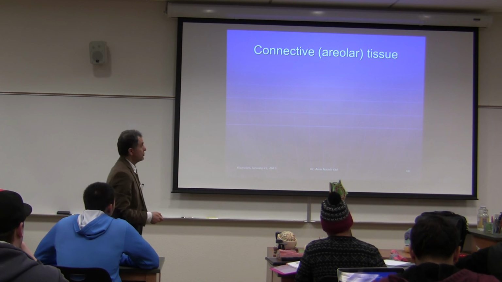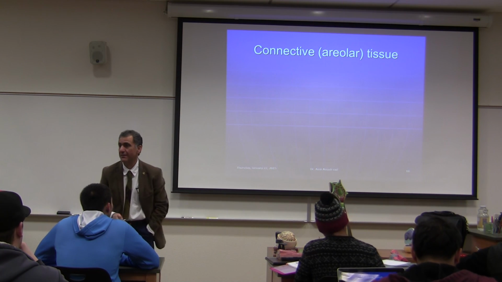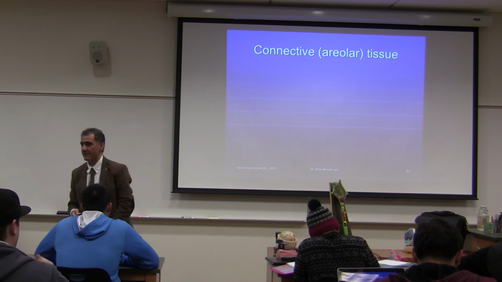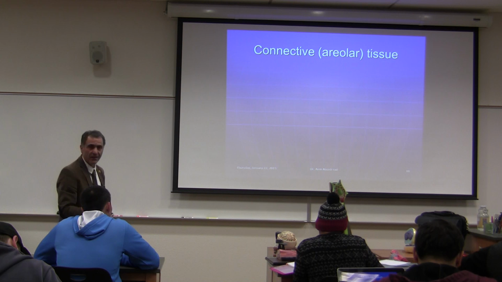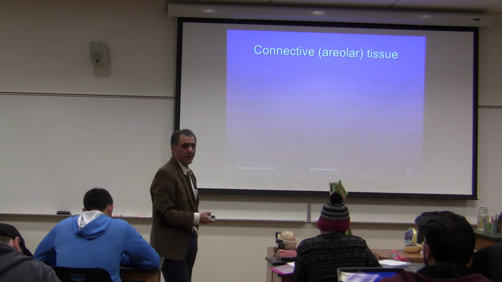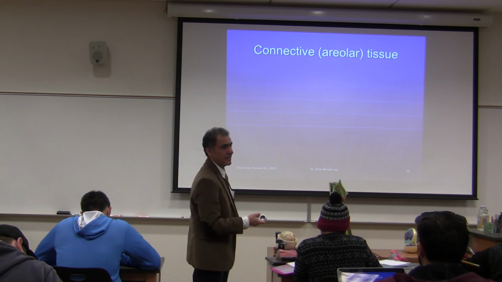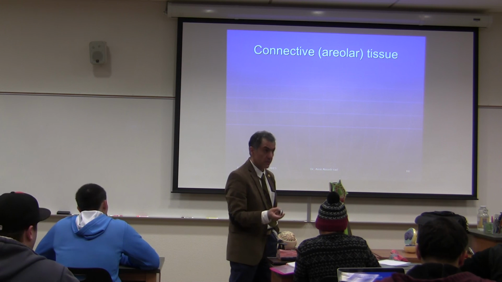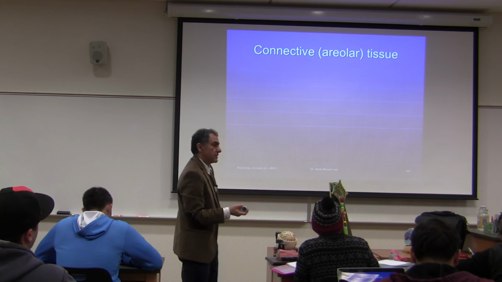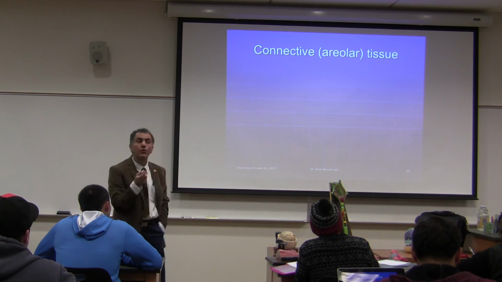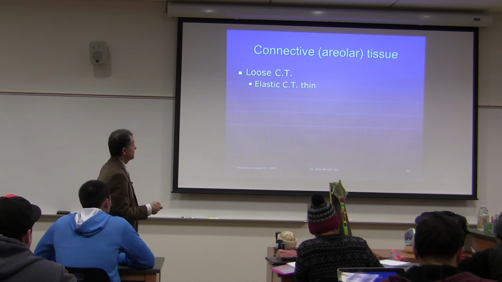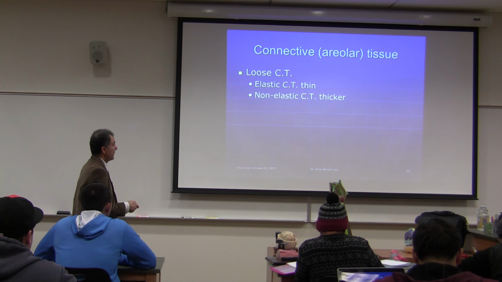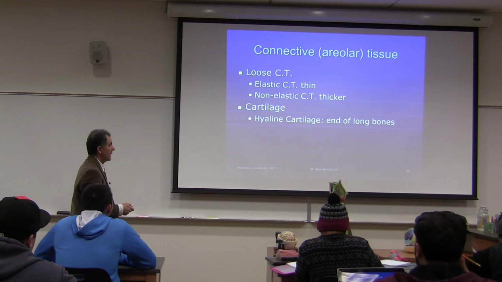Anyhow, connective tissue, whatever the definition my histology professor gave me in Tennessee: whatever it is not, epithelial, nervous, muscular tissue. That's the definition. But of course, you know the functions. Loose connective tissue, elastic, thin, non-elastic, cartilage.